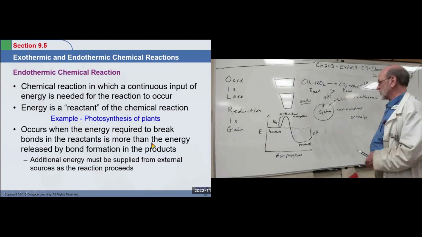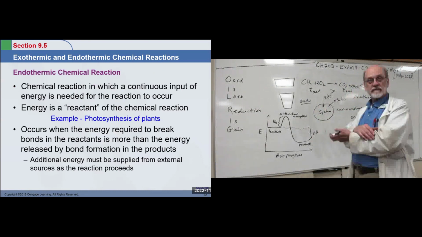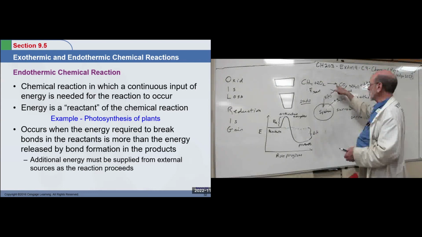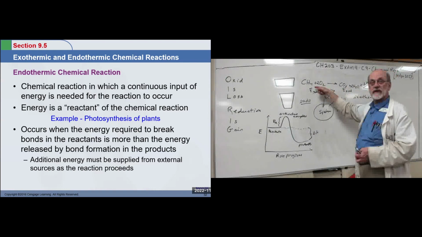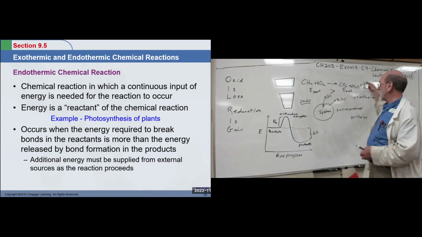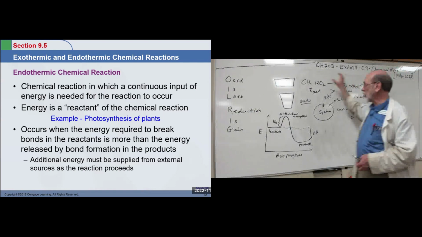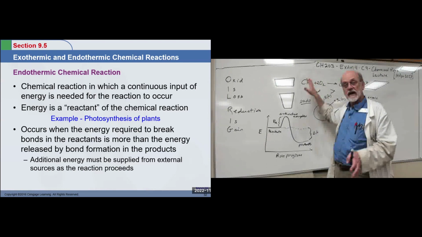Endothermic reactions are like exothermic reactions flipped around the other direction. So if we turn this arrow around and said these are the reactants and those are the products, then we would be claiming an endothermic process, because we would have to add energy in here in order to get these as products.